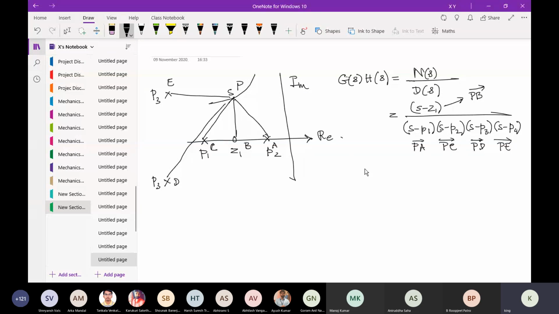So actually, if you are looking at the modulus of G(s)H(s) at a particular point on the root locus, then this is just the length of these lines. Is it clear? And what is this?